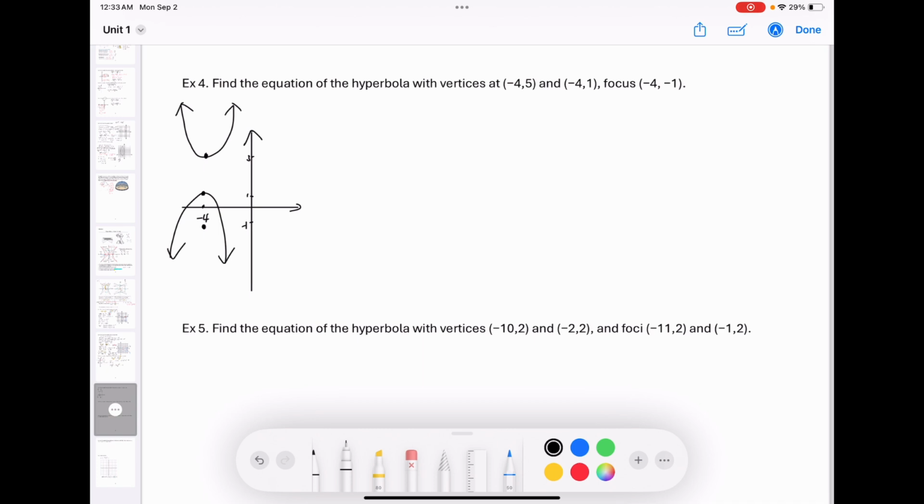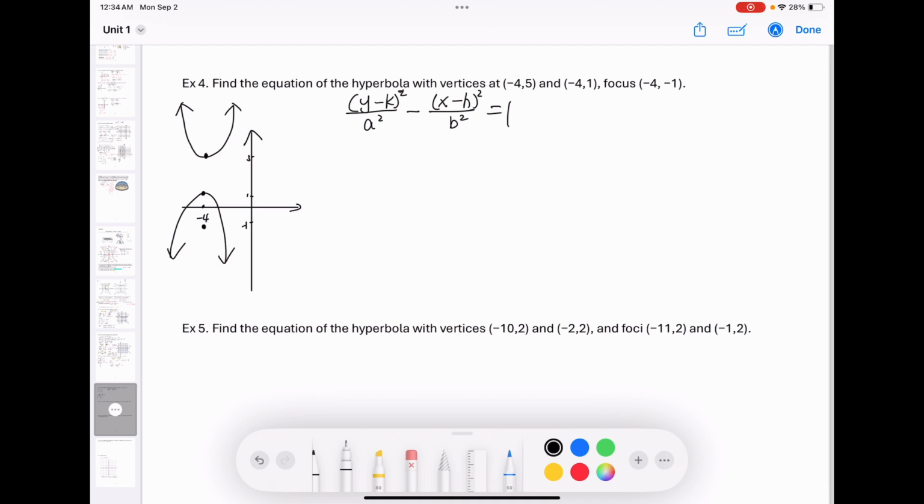And then we can find our equation. We must follow this: y minus k squared over a squared, minus x minus h squared over b squared, is equal to 1. Here it is minus, not equal to, so don't write equal to here, it's minus. And we need to find the h comma k and a and b.